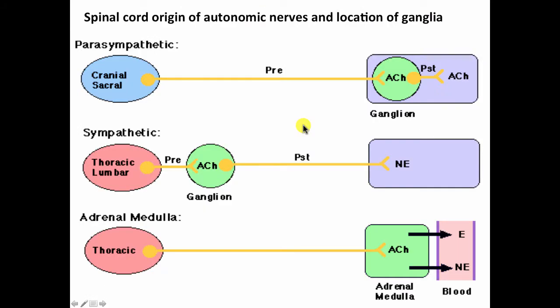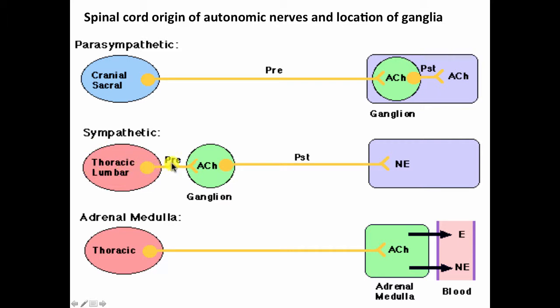Sympathetic and parasympathetic nerves also originate from different areas of the spinal cord. Thus, the parasympathetic neurons have their cell bodies in the cranial and sacral segments of the spinal cord and down towards our tailbone, whereas the origin of the sympathetic nerves is in the thoracic and lumbar sections of the spinal cord.